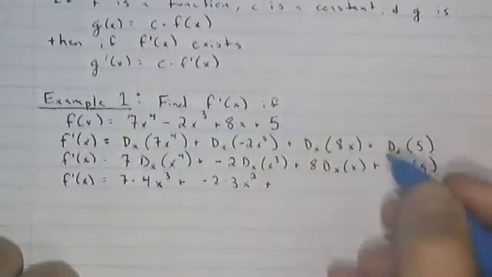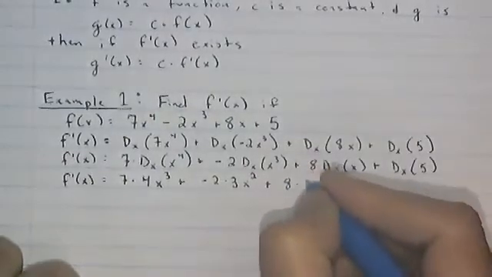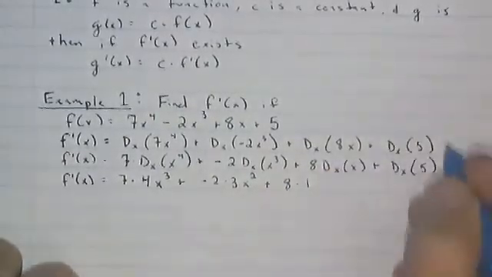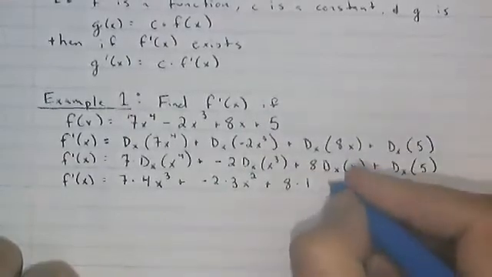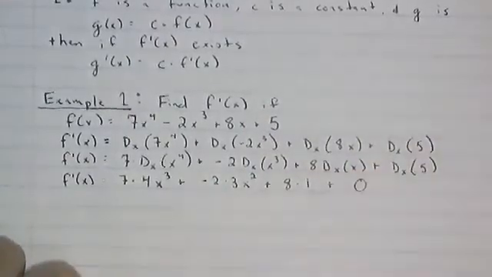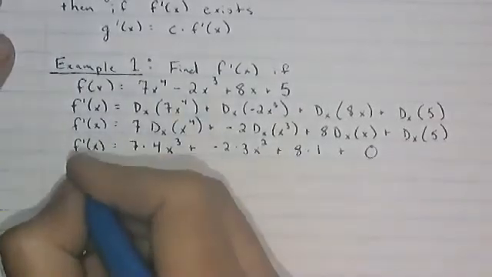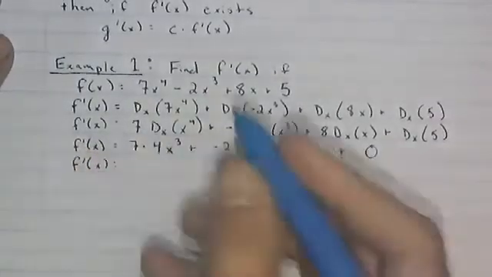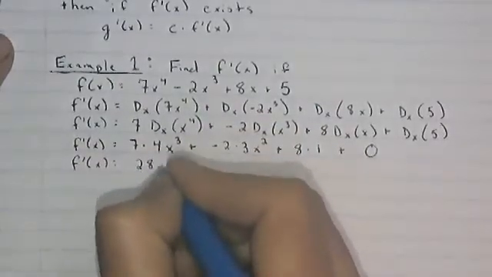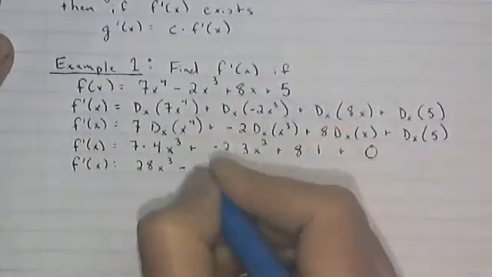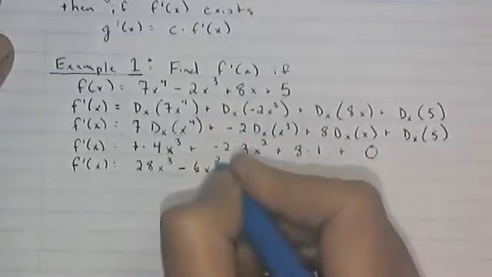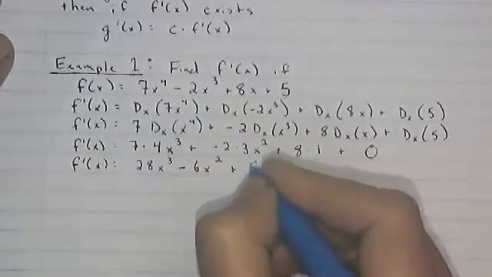The derivative of x is 1. And the derivative of 5 by the constant rule is 0. And so our derivative is 28x cubed minus 6x squared plus 8.